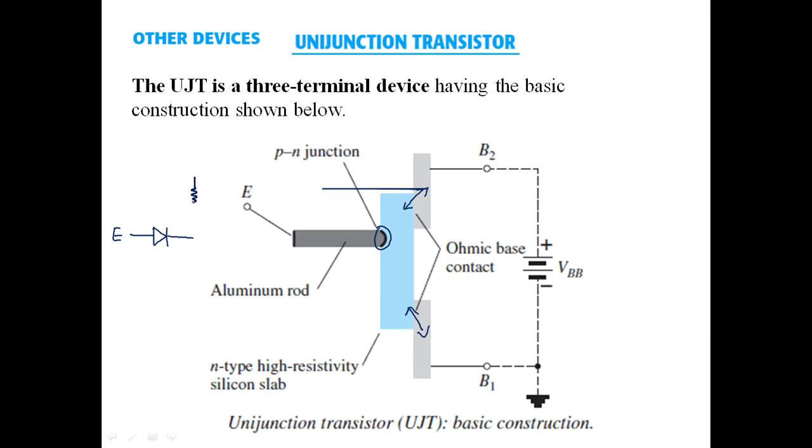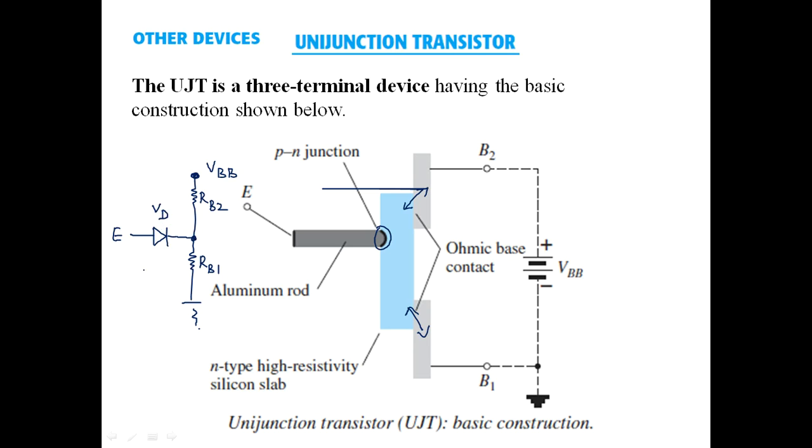So let me denote those resistances. This is RB2 and this is RB1. And here I am applying a voltage VBB. This is with respect to the ground, right? And since there is a diode, there is always a voltage drop across the diode.